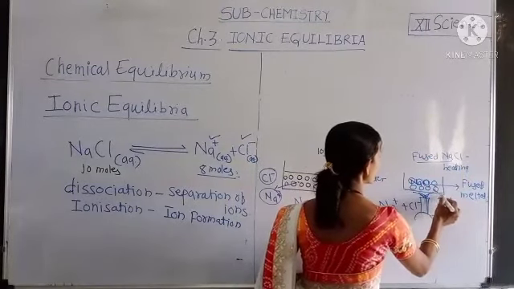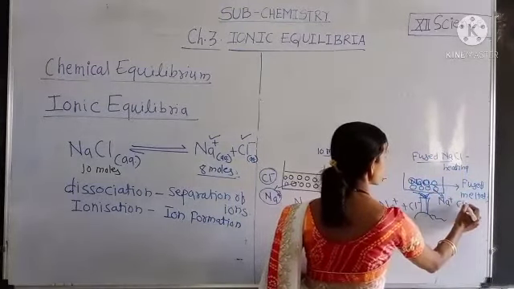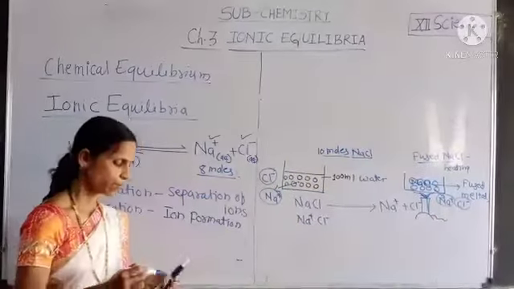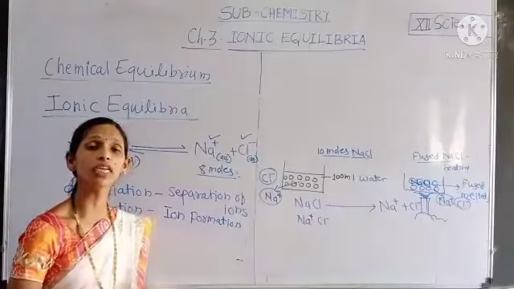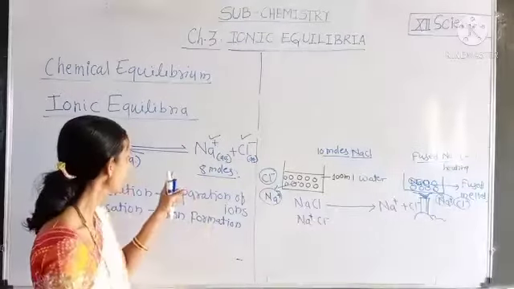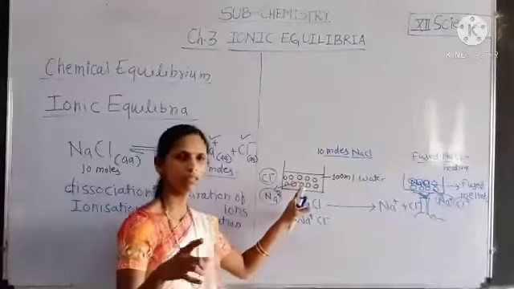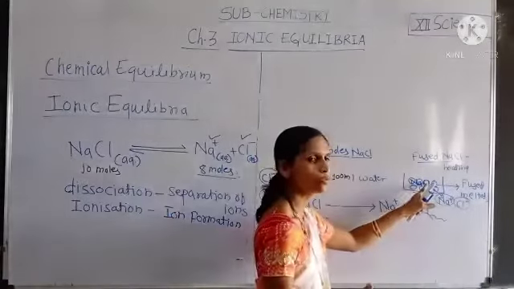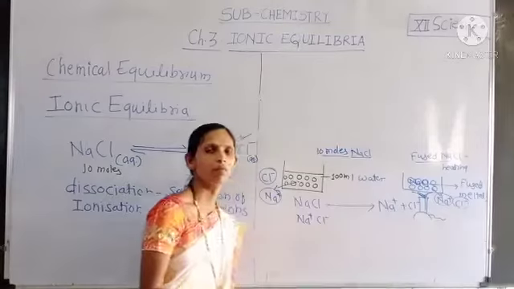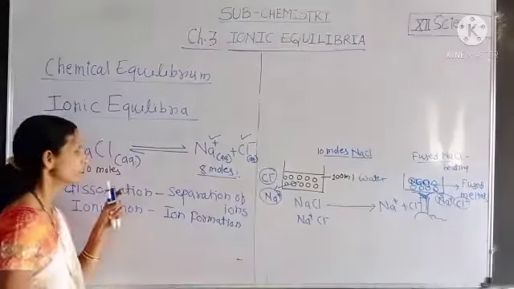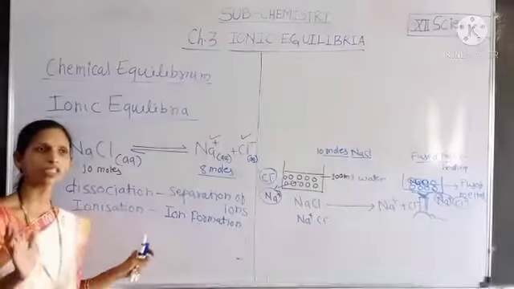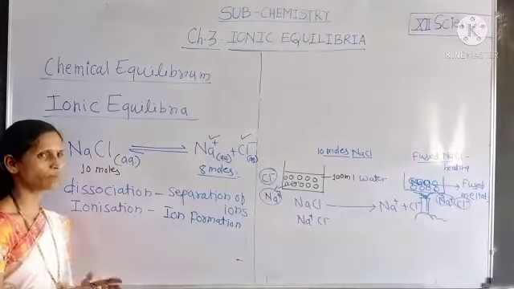That means it also contains Na plus and Cl minus ions. That means for dissociation of any substance, that substance should be dissolved in water, or it should be in a fused state, that is, in molten state. That is about dissociation and ionization of a substance.